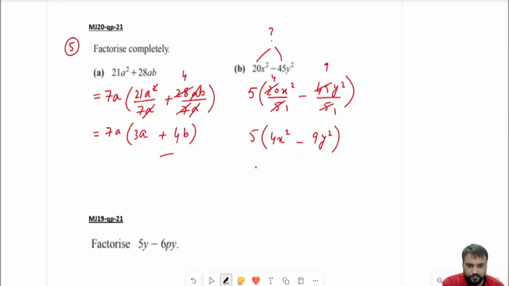We can see we can further simplify it by applying this formula. A square minus b square is equal to a plus b, 1 time positive and 1 time negative, a minus b. Okay, this is our formula.